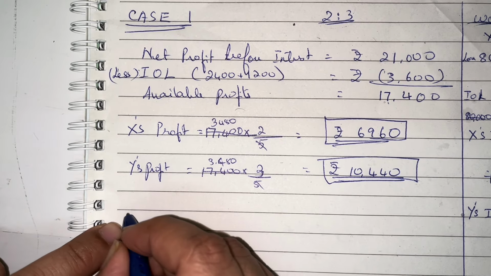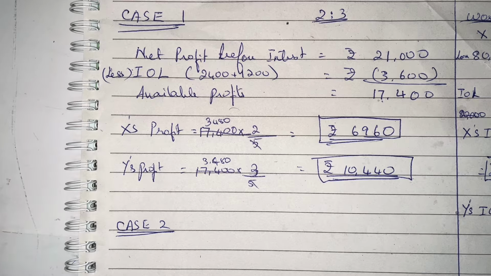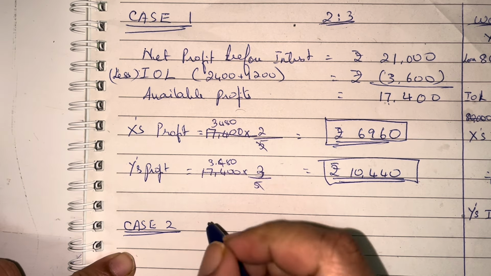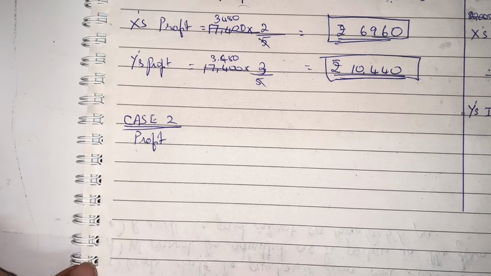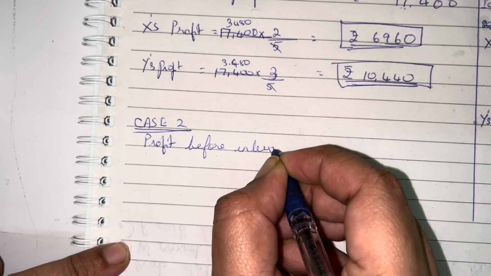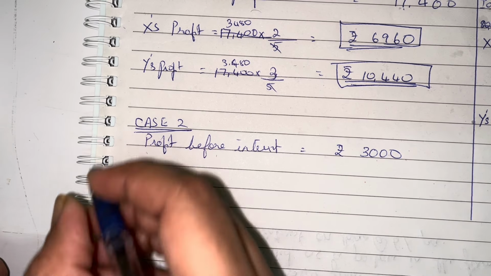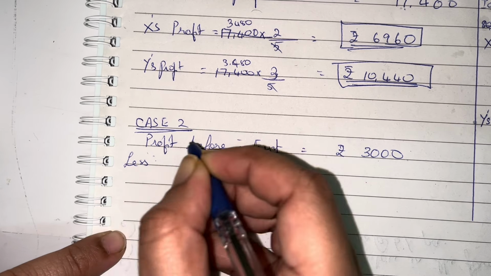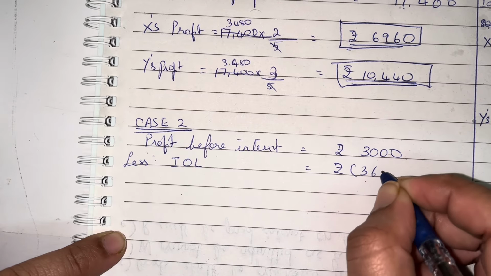Now we'll go to case 2. In case 2, what it says is, if the profits before interest for the year amounted to 3,000, so the profit before interest is equal to rupees 3,000 less interest on loan is rupees 3,600.